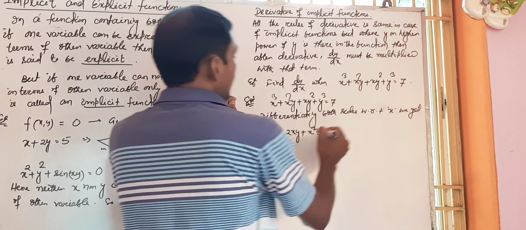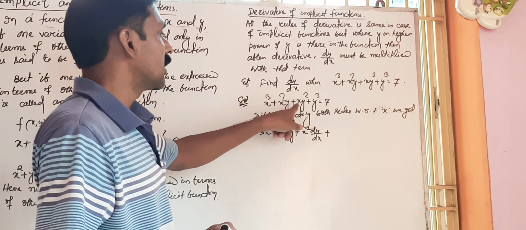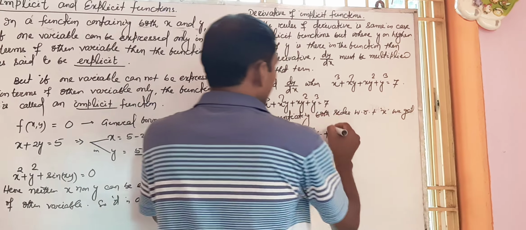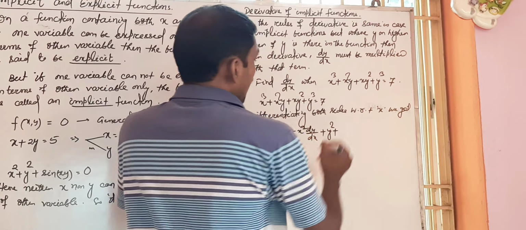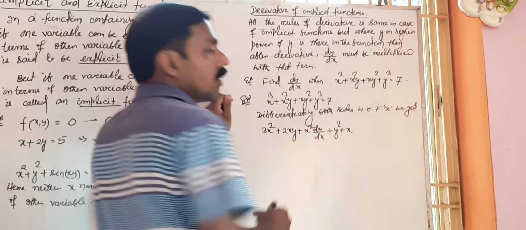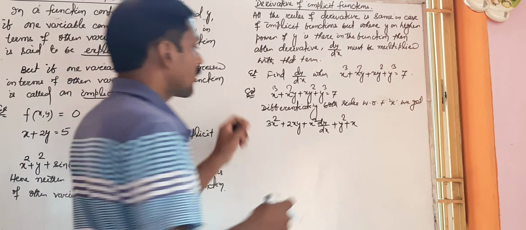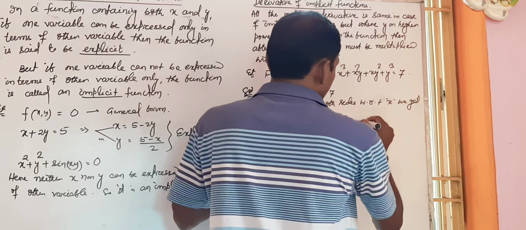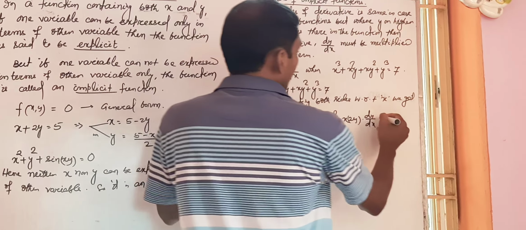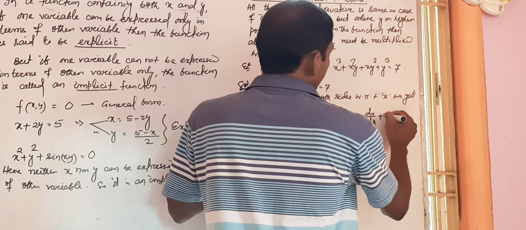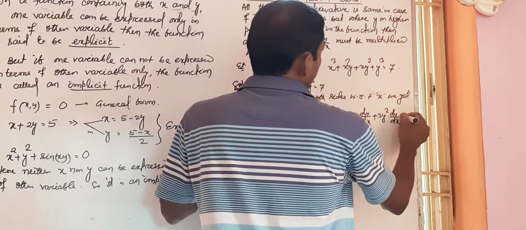So x square dy by dx plus derivative of x y square, again product rule: derivative of x is 1 into y square, plus x into derivative of y square. It is in the form of x to the power n, so derivative of y square is 2y into dy by dx, plus y cube derivative is 3y square into dy by dx, and the right hand side is 0.